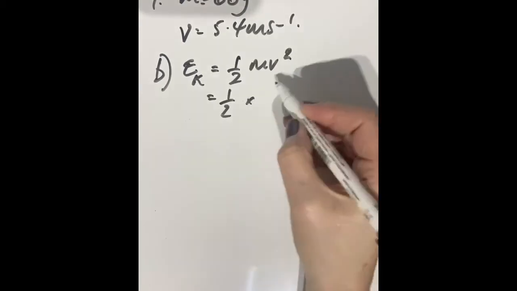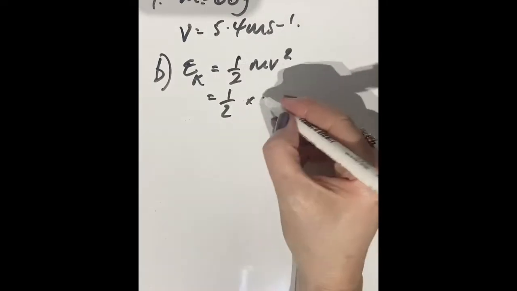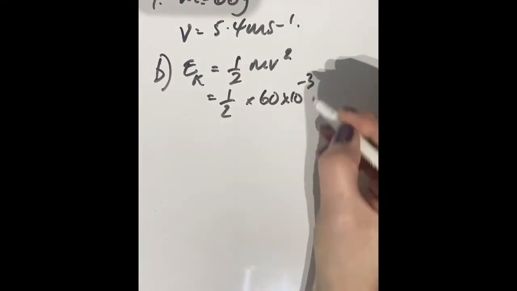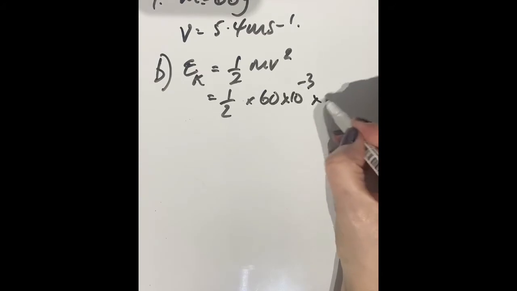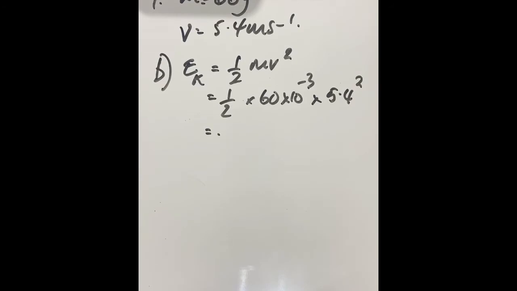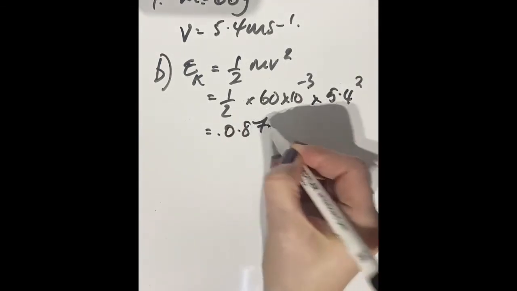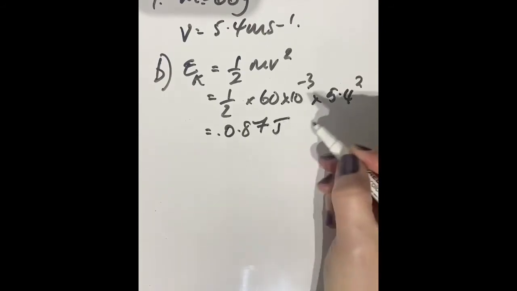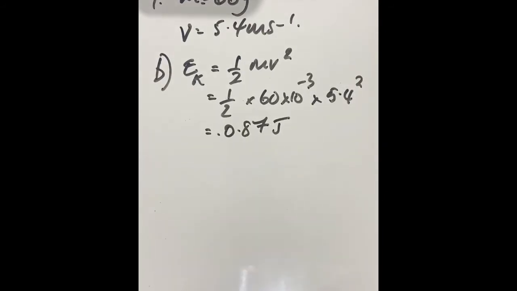So that's a half times 60 times 10 to the minus 3 to turn that into kilograms, times 5.4 squared. It is 0.87 joules. Okay, that's the kinetic energy it hits the ground with.